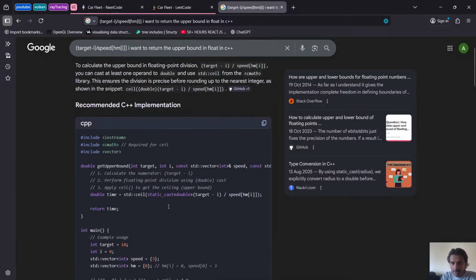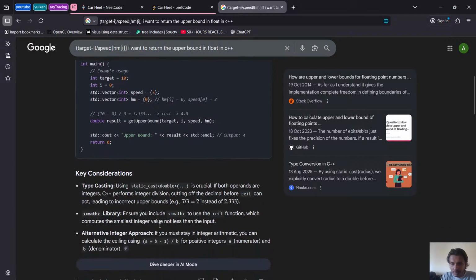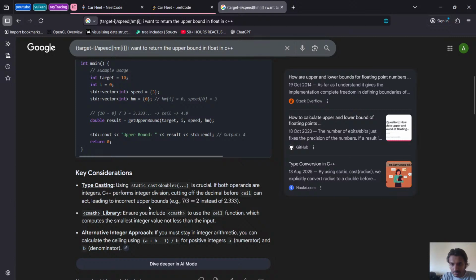So we can either use this formula, or use 7 divided by 3, that is 2.33, leading to the correct upper bound.